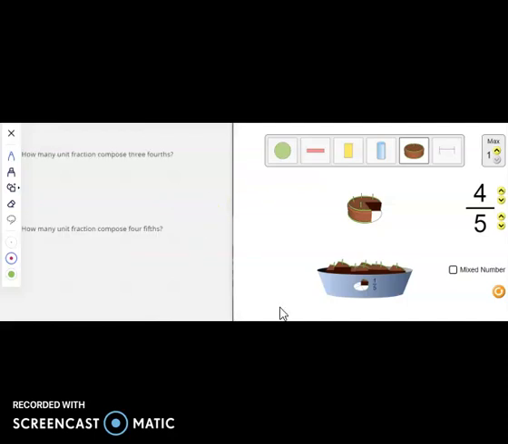For example, when they ask how many unit fractions compose 3/4. Let's do it together. 3/4 means 3 up and 4 down.